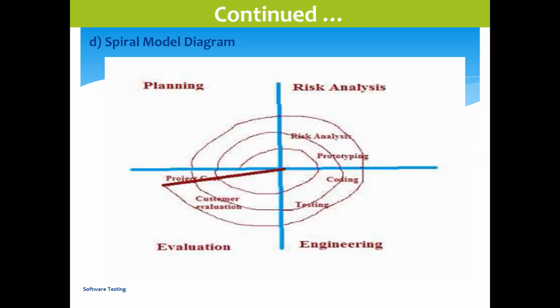Next is risk. First of all, find out the risk, because it is a long and complex project. So from the initial time only, we need to find out the risk. If a risk is there, then again we need to solve that, decide what to carry forward and what activity needs to be done by the client or the organization side. First we need to sort out that risk-related problem.